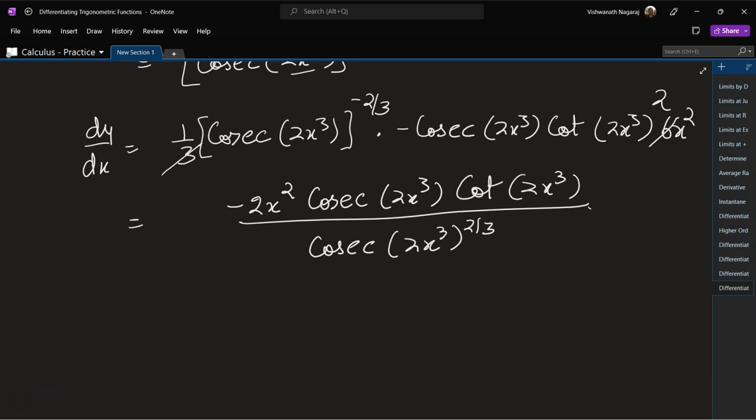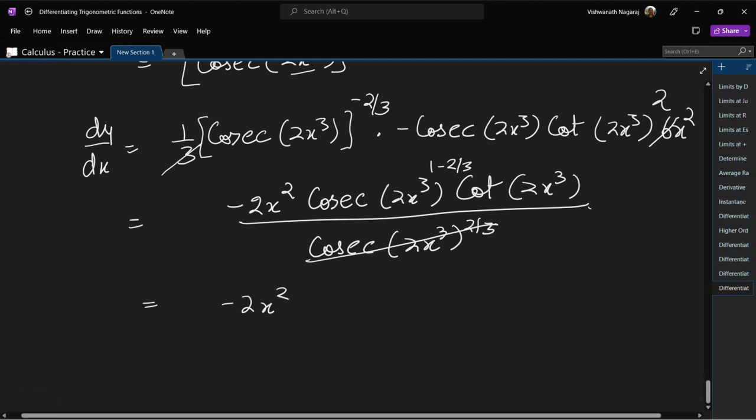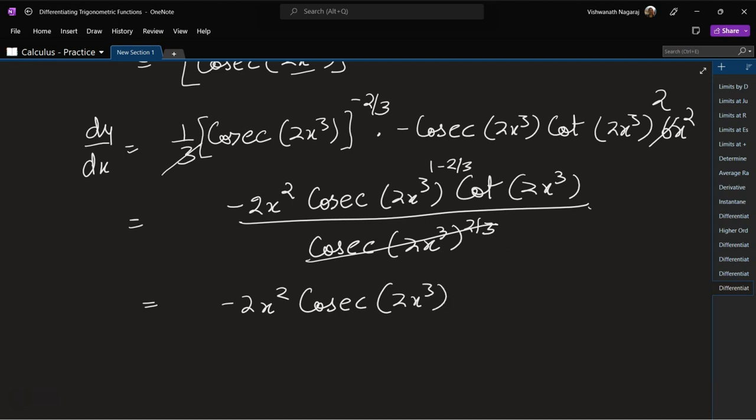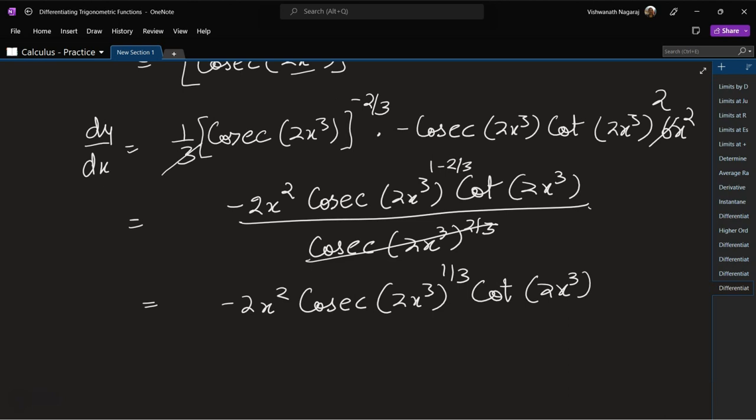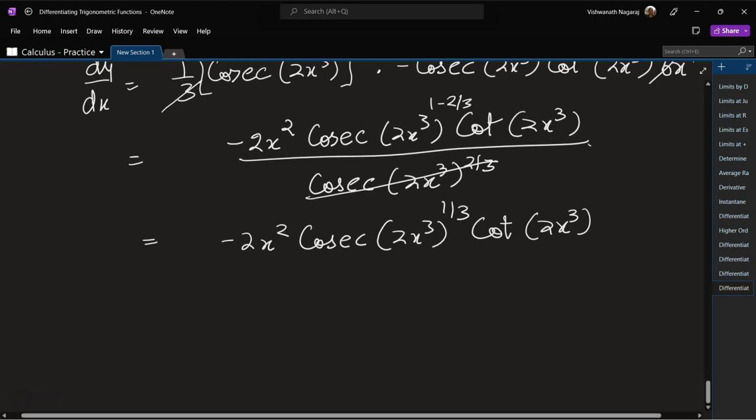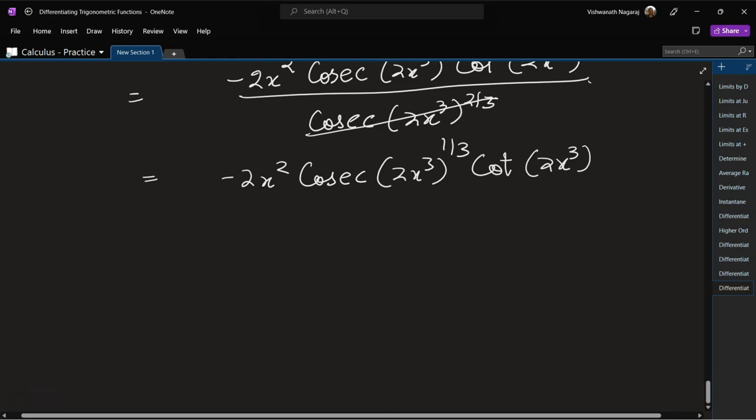But anyhow, if I take this up, because this is cosec 2x cube, this is also cosec 2x cube. So this will become 1 minus 2 by 3, which gives us minus 2x square cosec 2x cube to the power of 1 by 3 cot 2x cube. So that is the derivative of trigonometric functions. That's it. Bye.